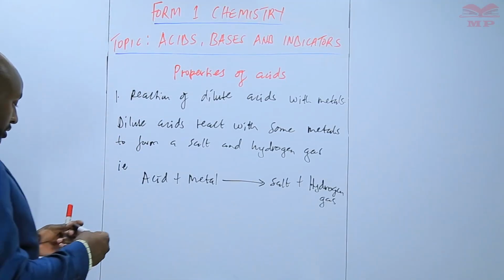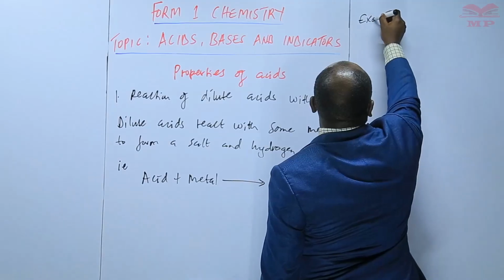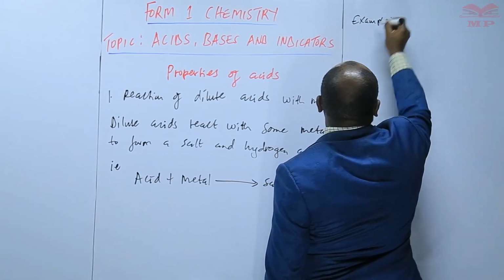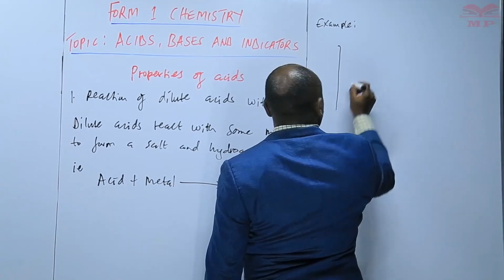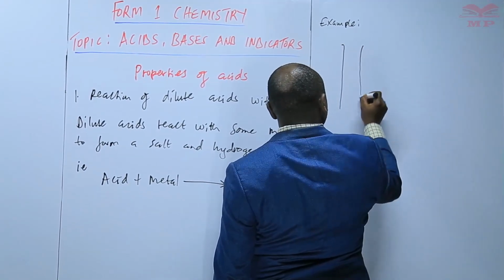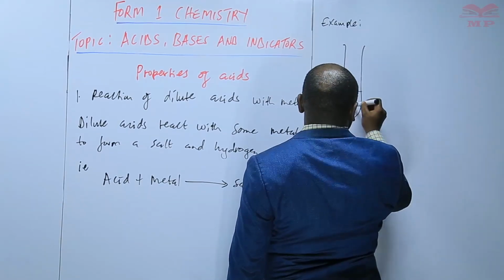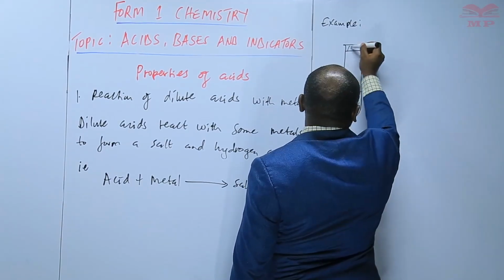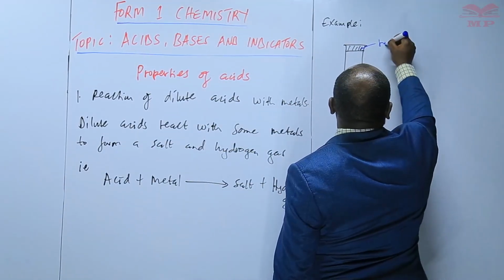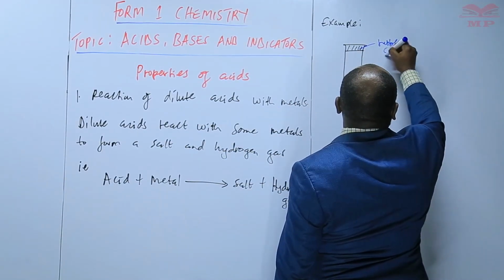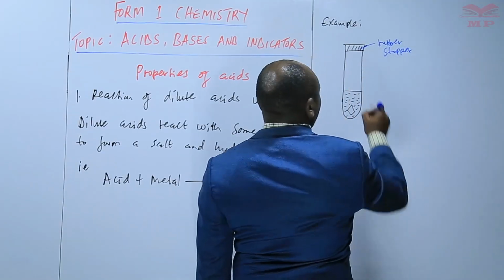So we'll have an example. Here we have a boiling tube. We have a rubber stopper to prevent the gas from escaping.